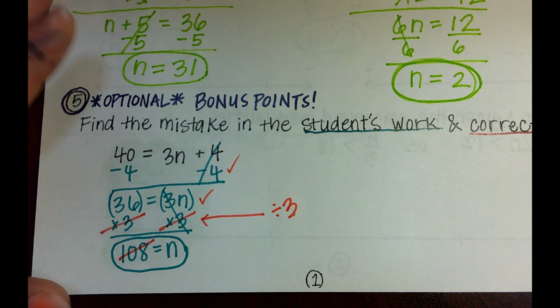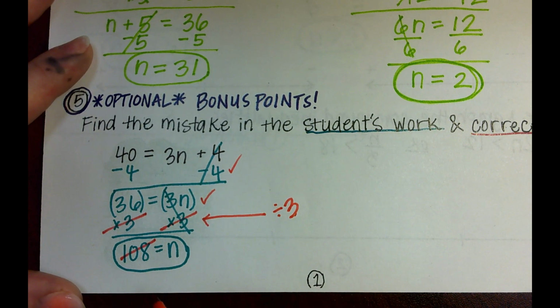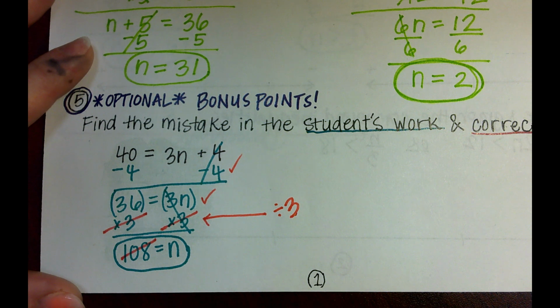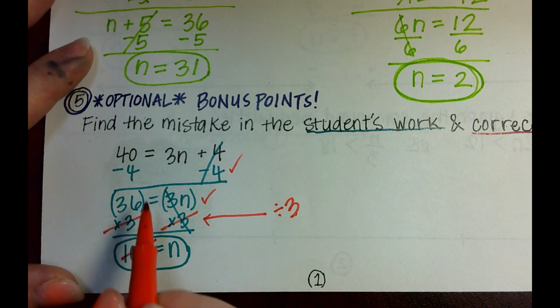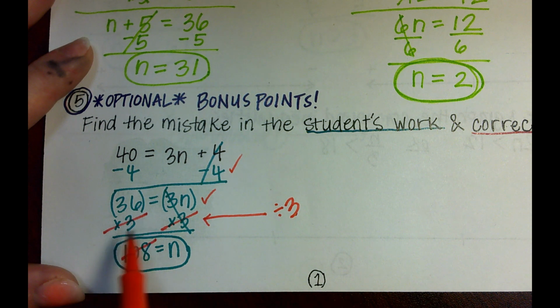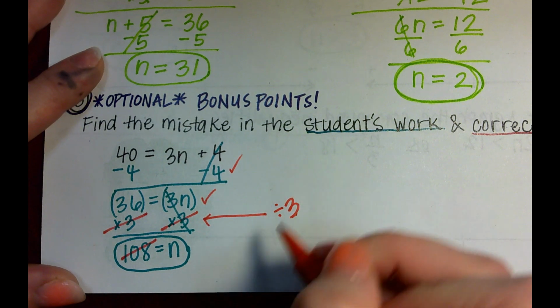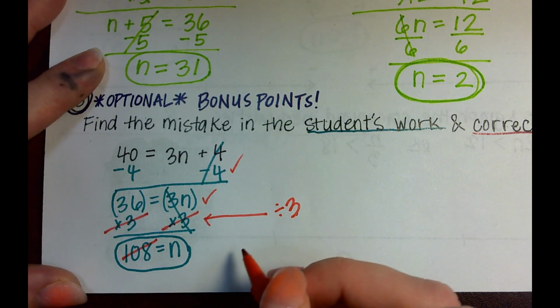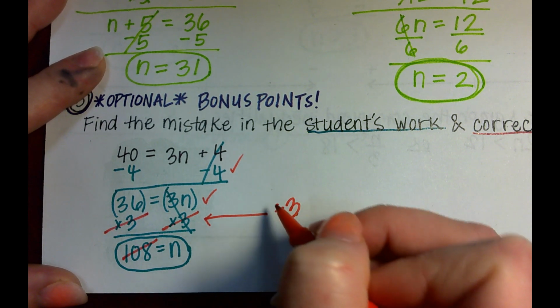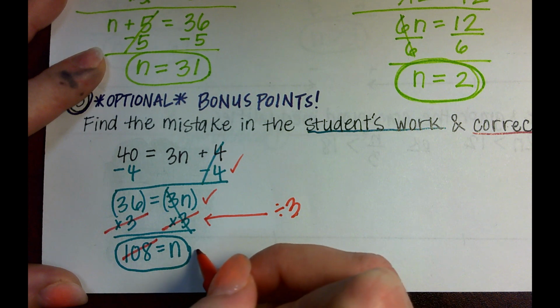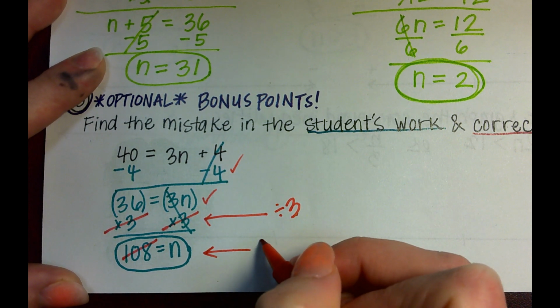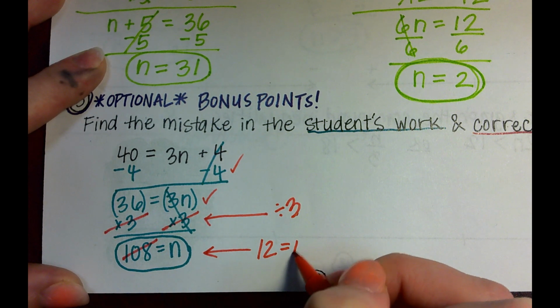Now you also need to tell them what the right answer is. 12, because then we would have 36 divided by 3, which would give us 12. So we could say 12 equals n, or n equals 12.